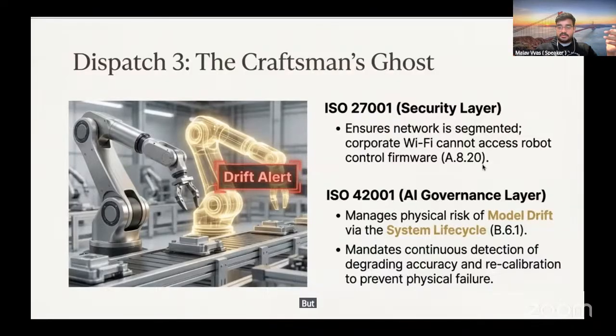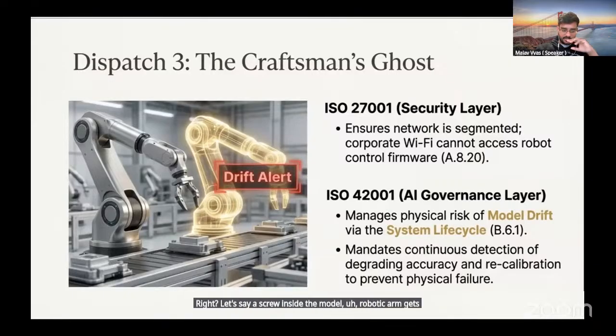But with the AI governance layer, we manage the physical risk of model drift, in the system life cycle. We monitor whether the model's accuracy is degrading over time, right? Let's say a screw inside the robotic arm gets loose. Then the accuracy of the AI model will drop drastically because it has to adjust for those kinds of new weights or new operations, right?